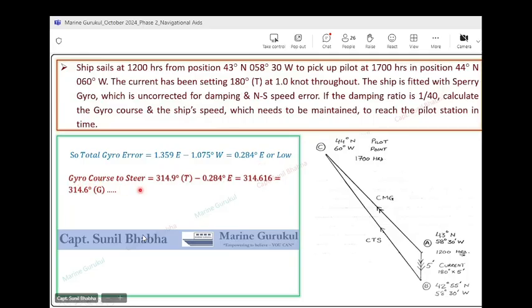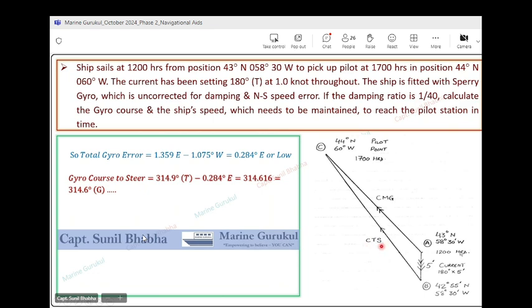Now we apply this gyro error to the CTS, course to steer. For calculating the gyro error, we used the course made good. But once this gyro error is obtained, this gyro error has to be applied on the CTS. Now the course between Bravo to Charlie was obtained as the true course to steer.